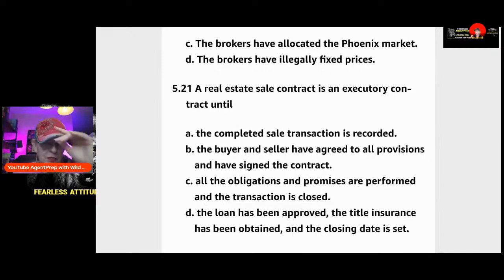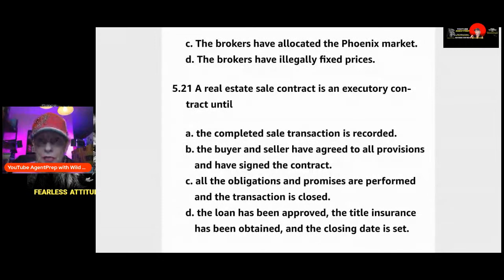Funds have been disbursed. It's been recorded at the county clerk's. And now the deed is conveyed, everything has been conveyed and paid for. So it is already executed. Prior to being executed, it's called an executory.